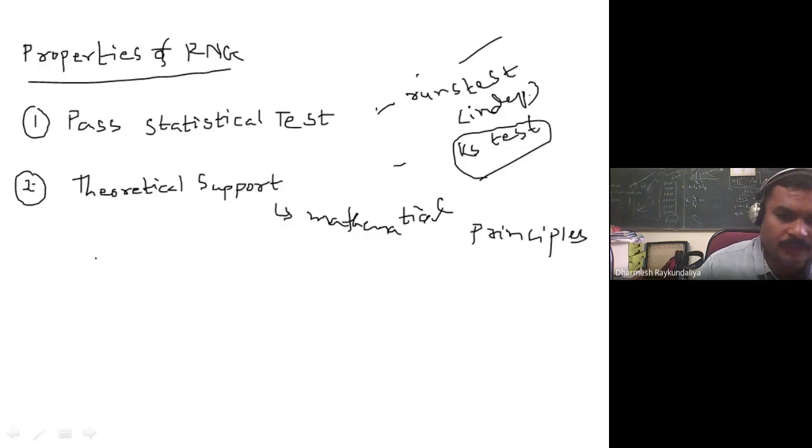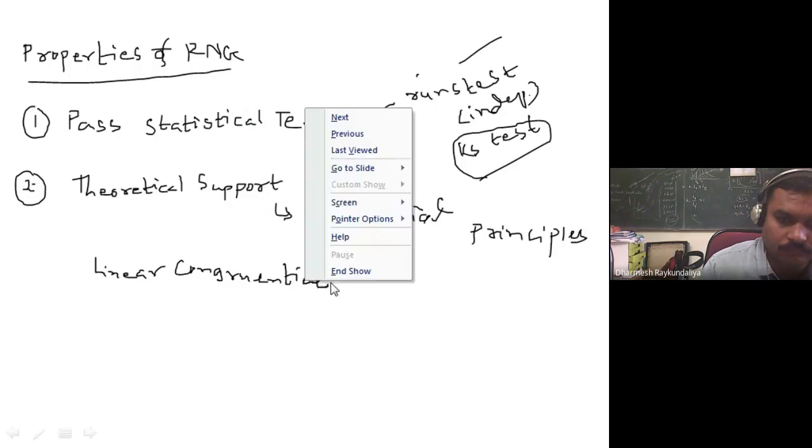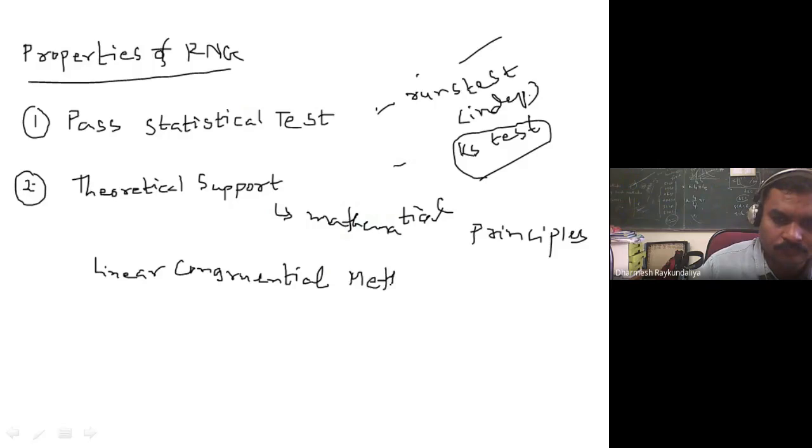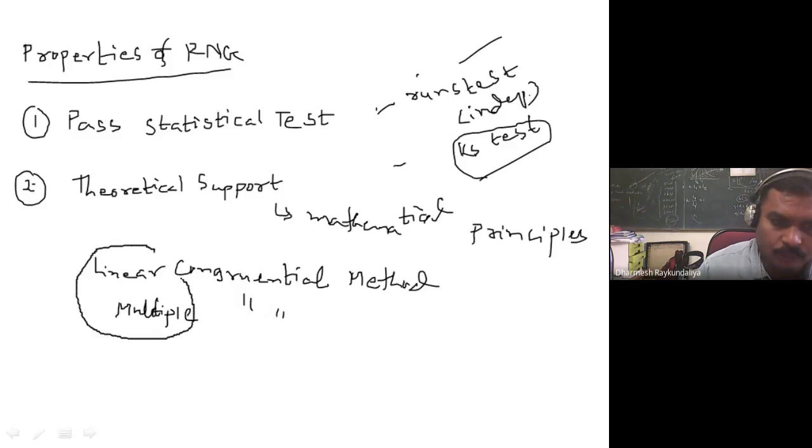A common example is the linear congruential method, the multiplicative congruential method, and if linear and multiplicative both are used, we call it the mixed congruential method.